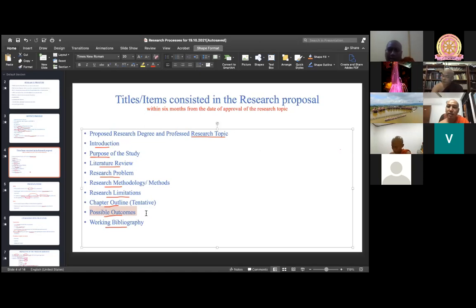In my opinion, sometimes your outcome will be according to your hypothesis, but sometimes it will be different from your hypothesis. For example, as a mathematician, your hypothesis will be 3, but after you do your research, your outcome will be only 2 or only 1.